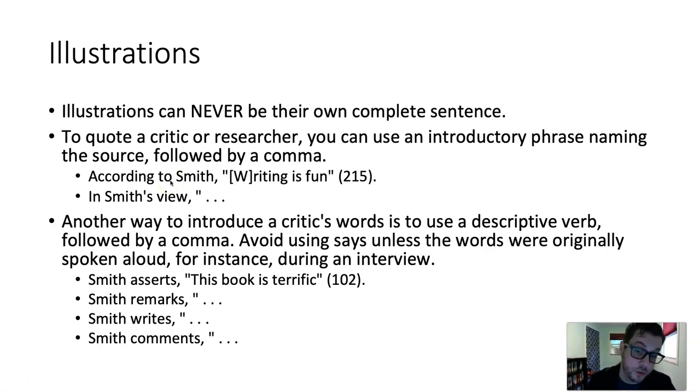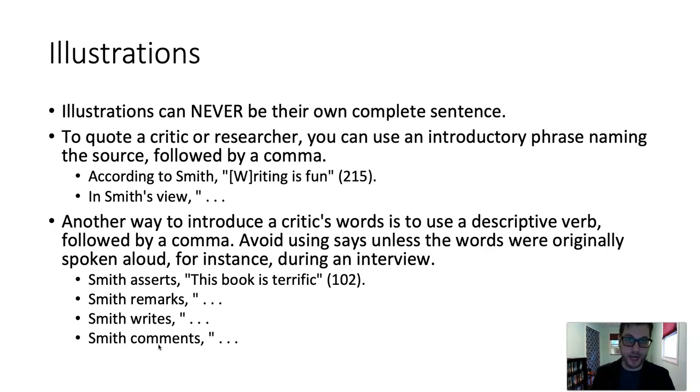Another way to introduce a quotation is to use a descriptive verb and a comma. Oftentimes you want to avoid using the word says or said, as those are words that are often said during an interview and are not very descriptive. So you could use something like Smith asserts, Smith remarks, Smith comments, Smith explains.